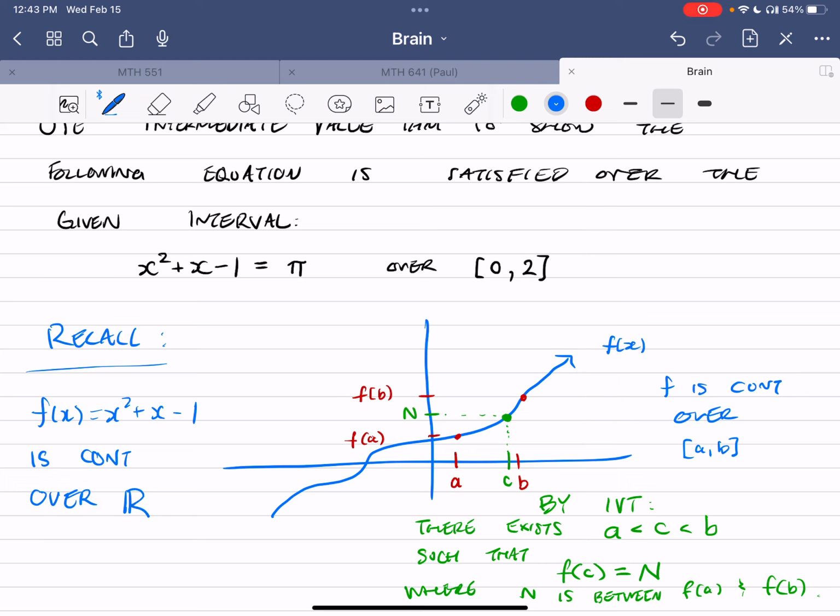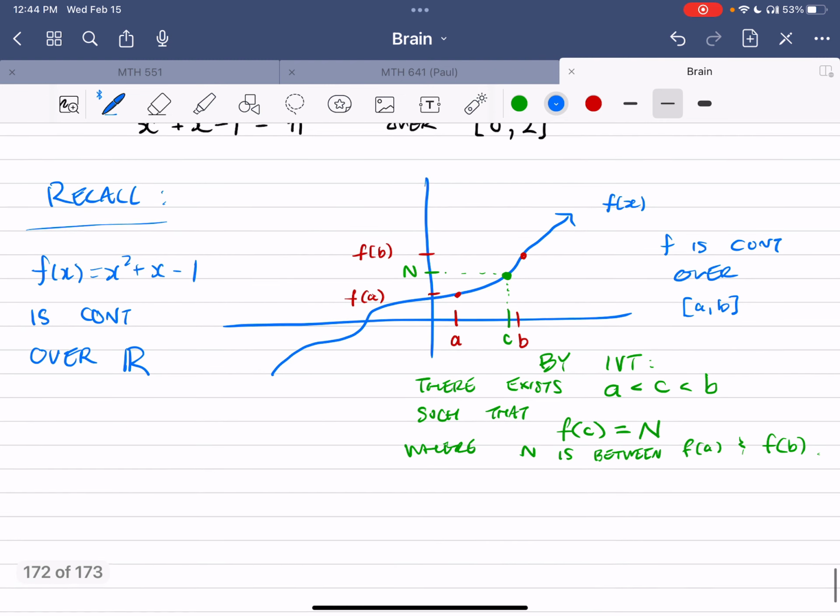Now let's plug in values for the 0 and 2, because these are probably going to be our a and b values, and let's see if pi can fit in between there, because if pi can fit in between there, then we can let pi be this n value. And then by the intermediate value theorem, that means this equation is satisfied. Okay, so let's do that.